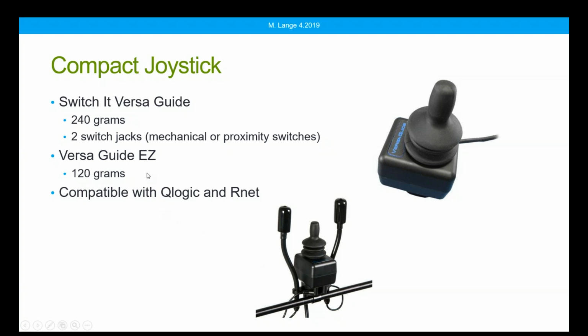The Versa Guide Easy, like the all-round light, requires about half the amount of force as their standard compact joystick. These Versa Guides are compatible with QLogic and Arnett chairs. Sunrise Medical, as well as Permobil, both use Arnett electronics.